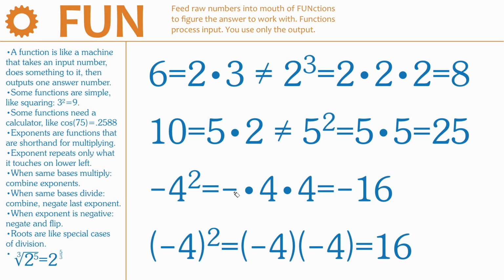Okay, now let's look at some notation here. Right over here: an exponent repeats only what it touches on the lower left. So notice in this example, we have -4 squared.